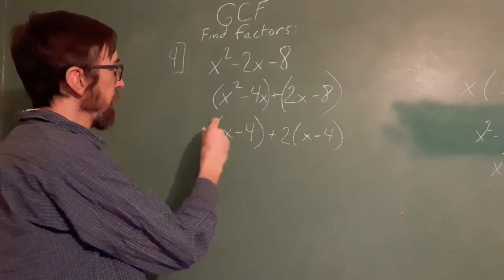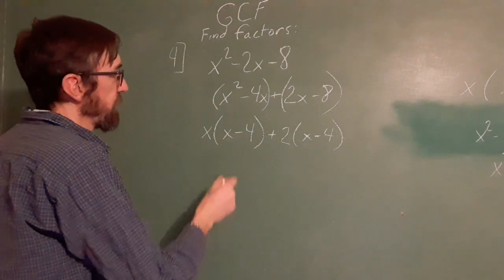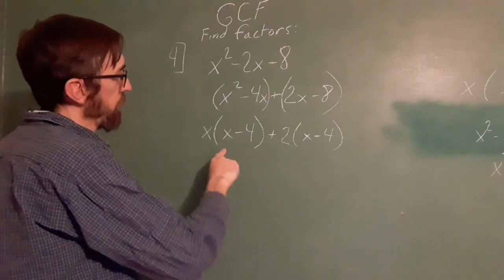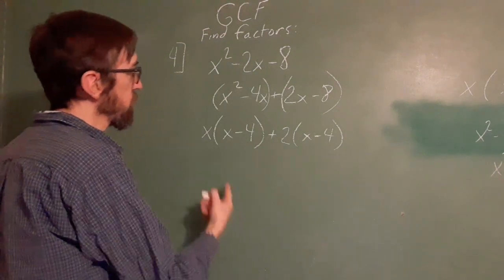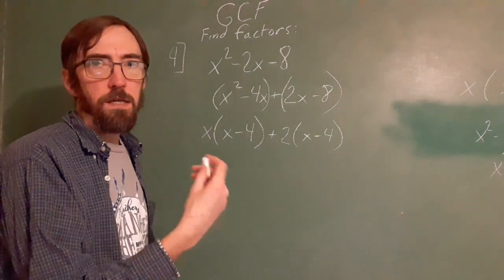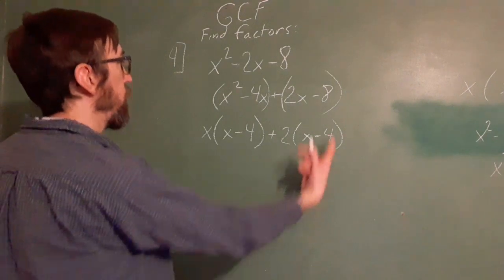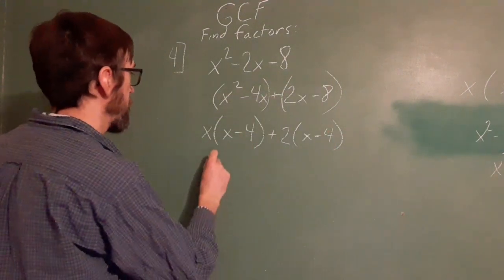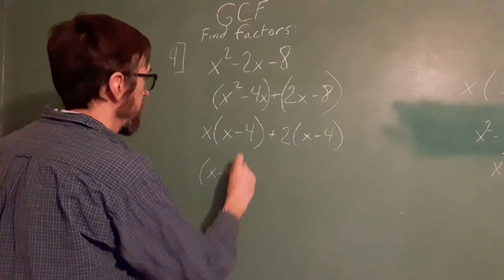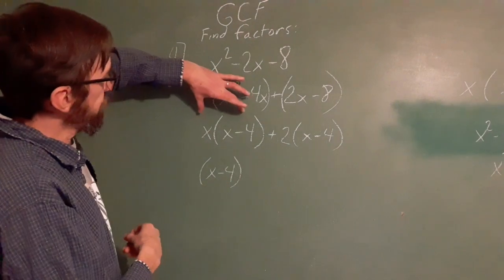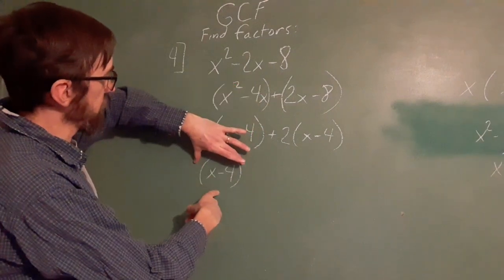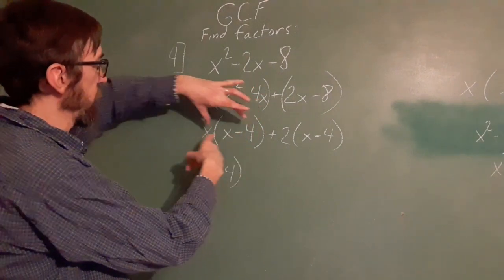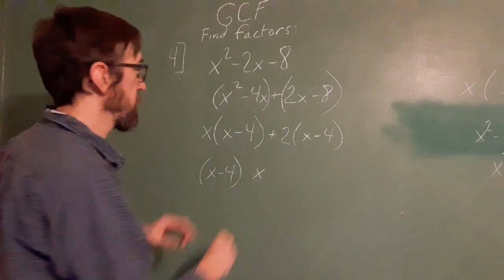As we look at this, we see that now we have a product, a sum, and a product. And in each of these products, we also have a common factor. So we're going to pull that common factor out. And as I look at this, if I divide x minus 4 by x minus 4, I have 1. 1 times x is just x.